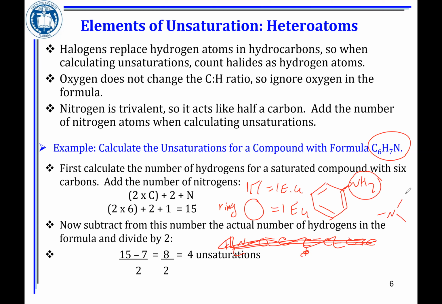If it has 3 bonds, it's satisfied. So nitrogen has two bonds attached to hydrogen and 1 bond attached to the ring. So this side of the molecule is saturated. It's only the benzene ring and the 3 pi bonds.